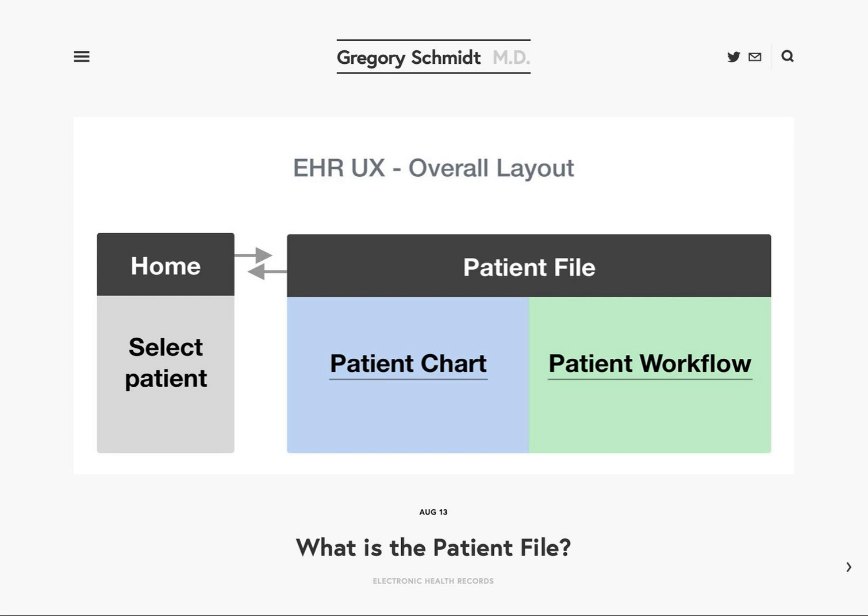It's just to provide really a simple framework to suggest if you were going to put your energy into one part of composability within an EHR, you probably want to initially put your energy into building a very effective workflow manager for that medical record, and you could probably allow the patient chart to be reasonably reused throughout the organization. Perhaps in the distant future, after the workflow section is functioning very well, additional efforts could be put into composability and customization of the patient chart section, but I think that could be delayed as a later decision.